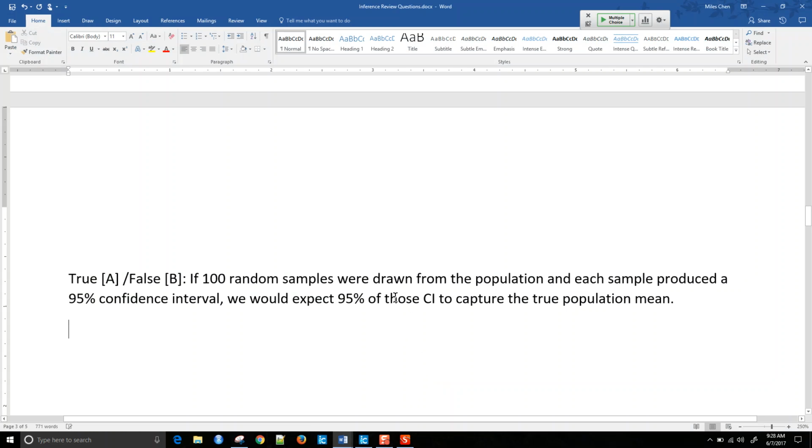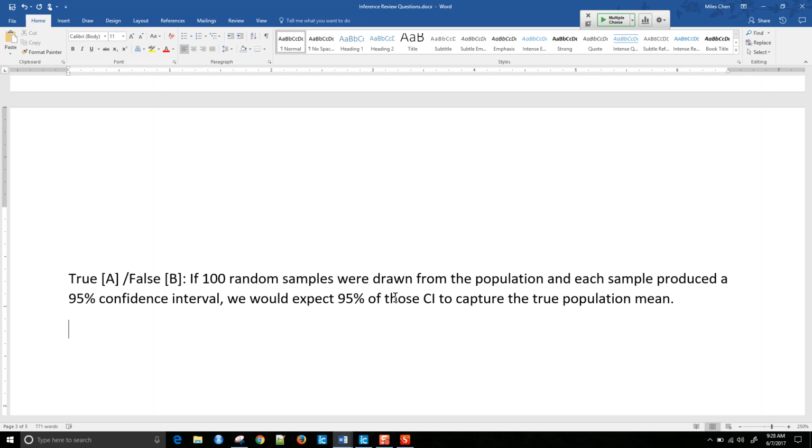Okay, so yes, this is what the 95% in a 95% confidence interval means. When we make a confidence interval, we expect 95% of 95% confidence intervals to capture the true population mean.